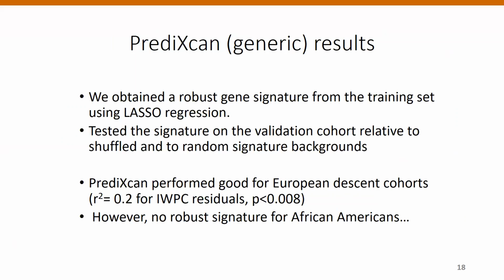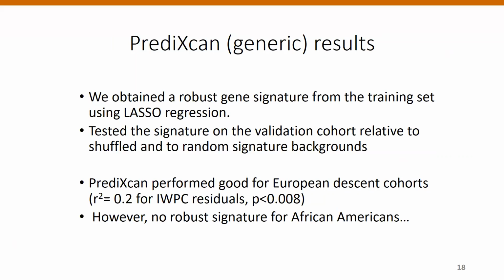So we regress not against the dosage, but against the residuals of the dosage after the IWPC algorithm prediction. And then we took that signature and tested it on the validation cohort relative to background, which is shuffled patients, and also random signatures, where random signatures were developed from the same 116 genes, not including, of course, the genes that were in the trained signature.